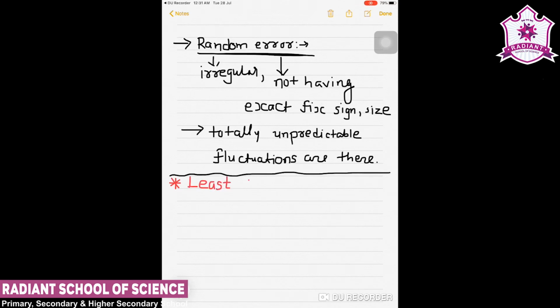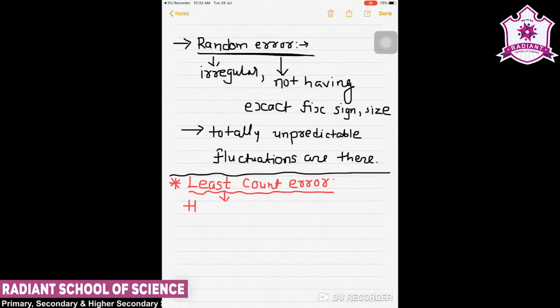This is again an instrument-based error. The smallest value that can be measured by the measuring instrument is called its least count. So what is actually least count? The minimum or smallest value an instrument can measure.